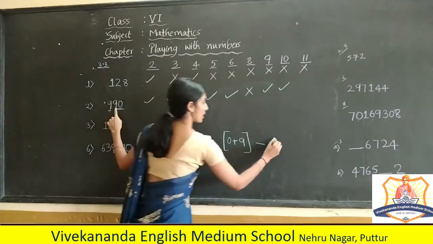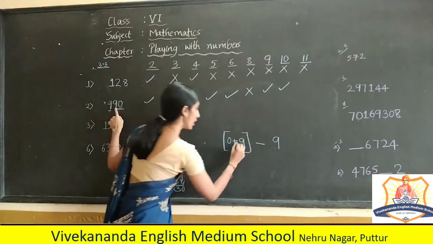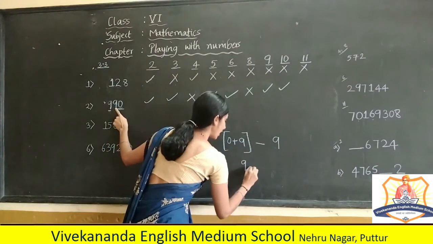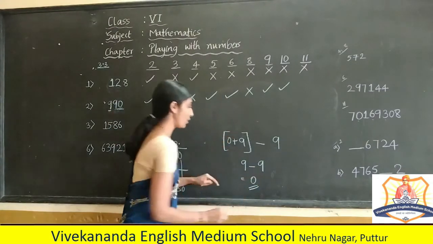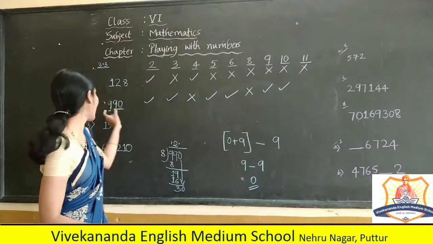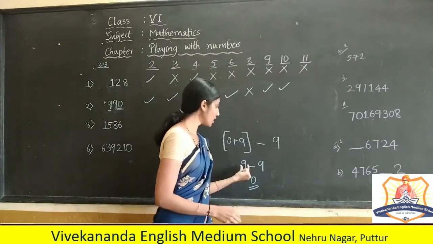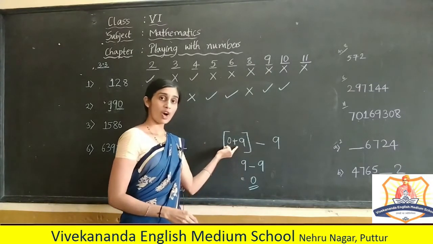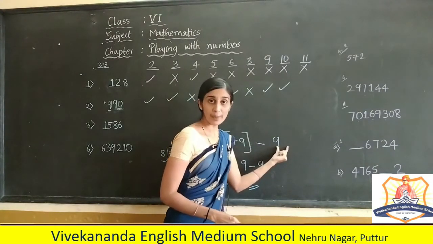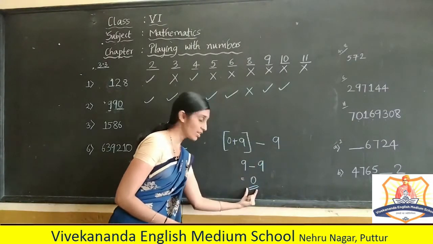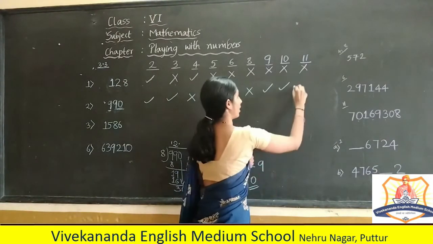Only one even place is present in the 3-digit number. So here 9 plus 0 is 9, minus 9 is equal to 0. So this number 990 is divisible by 11 because the sum of the digits at the odd places minus the sum of the digits at the even places, their difference, is 0. So it is divisible by 11.